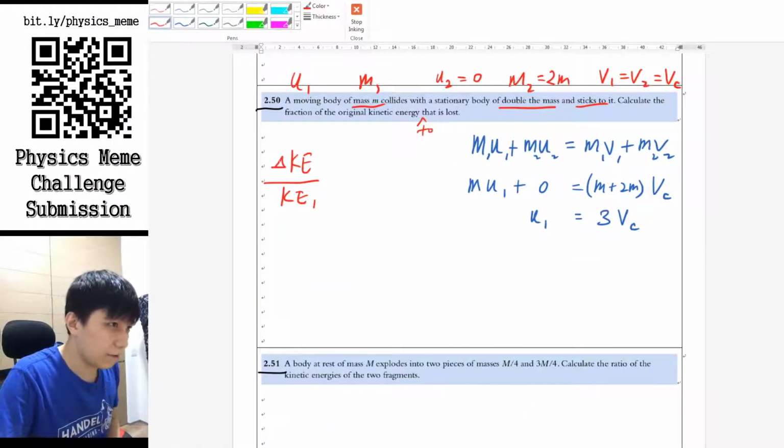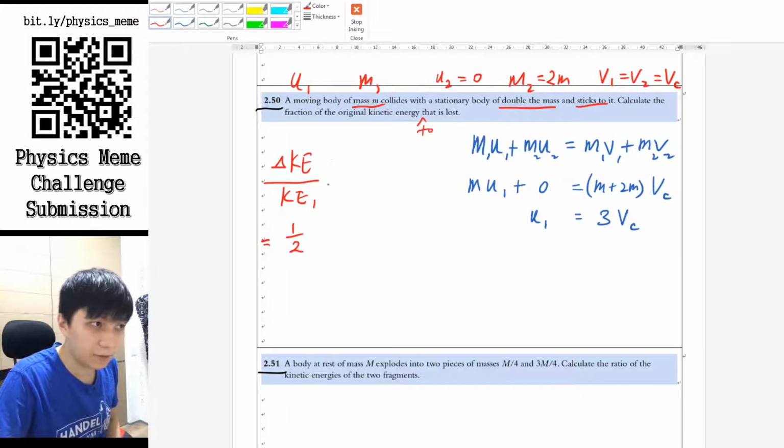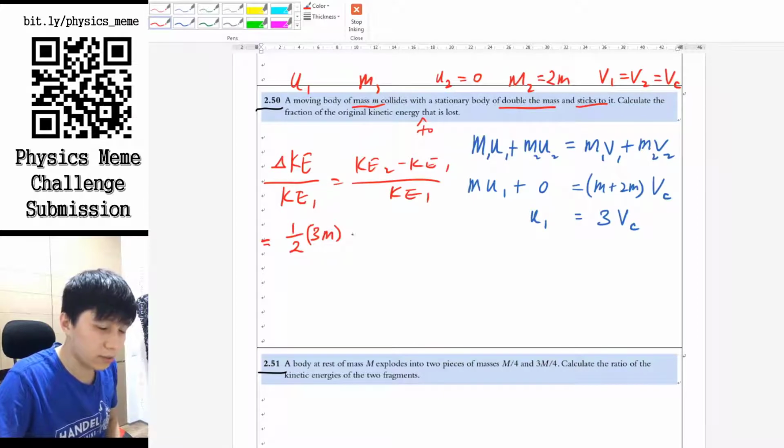So back to the fraction, I think we can find out the expression by saying half the final one. Okay, so I suppose this is the KE2 minus KE1 over KE1. So that should be half M, so I can just treat it as one single object, so 3M Vc squared, minus the original.